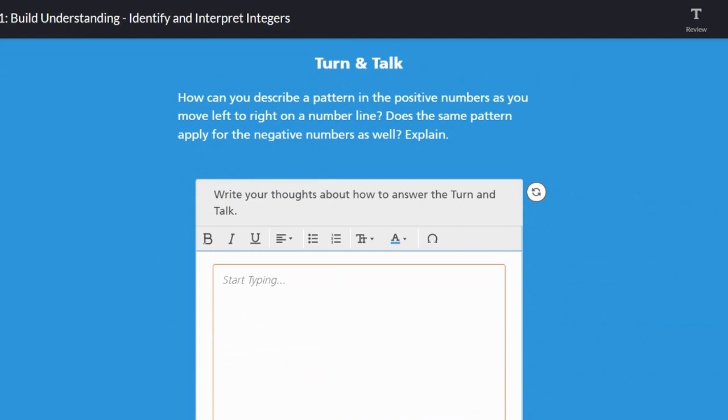So here we should know that positive numbers increase from left to right. The same goes for negative numbers.